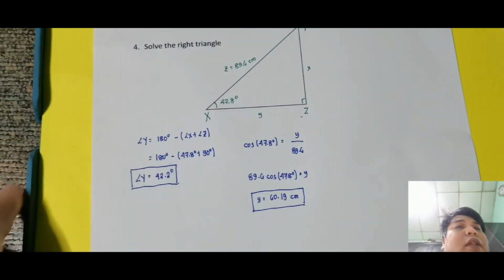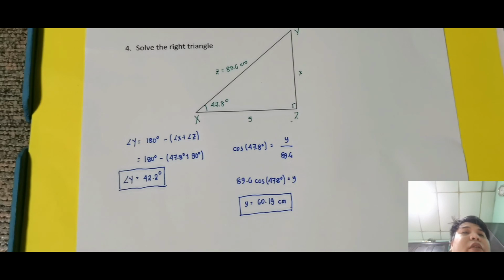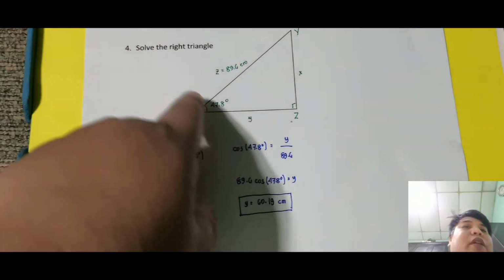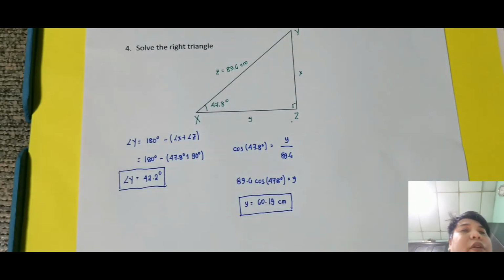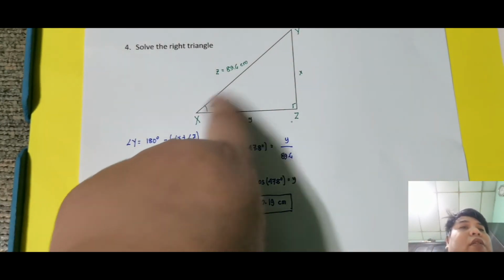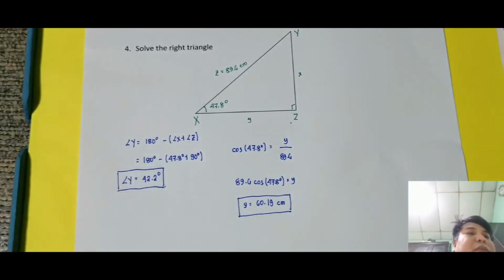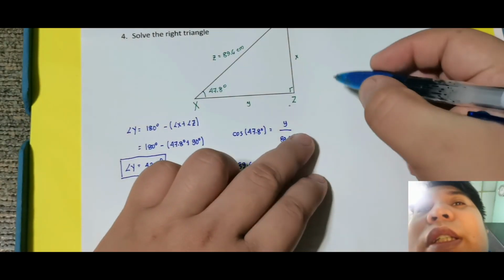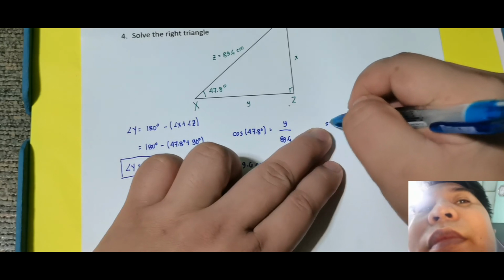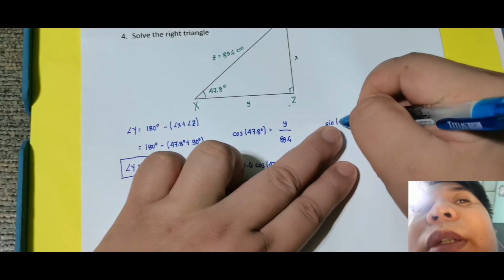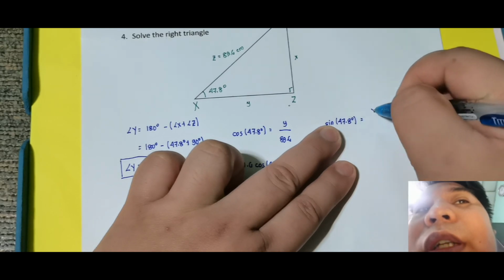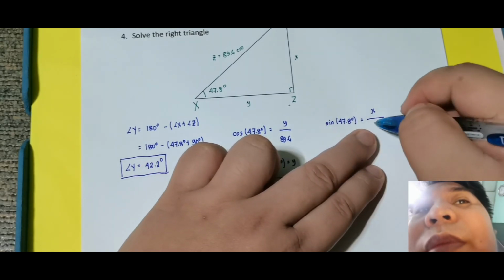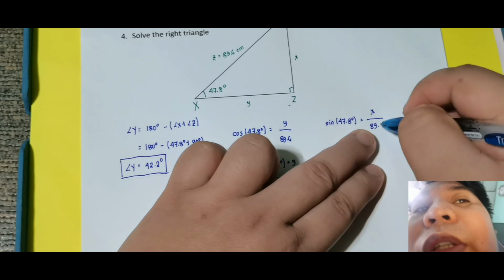Okay, then lastly, ito another thing, pwede ka mag-Pythagorean theorem kasi given na yung y. Okay, so pwedeng x is equal to square nito minus square nito. Pwede yun kung gusto nyo. Pero syempre ako na lang is sine, that is sine nito is equal to opposite over hypotenuse kasi mas madali talaga siya. So that is sine 47.8 degrees is equal to x over 89.6.